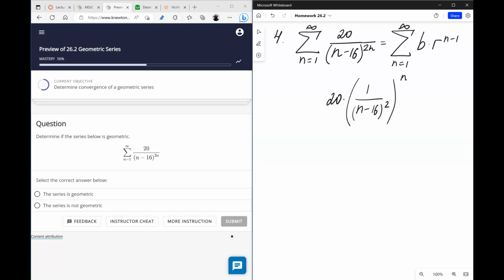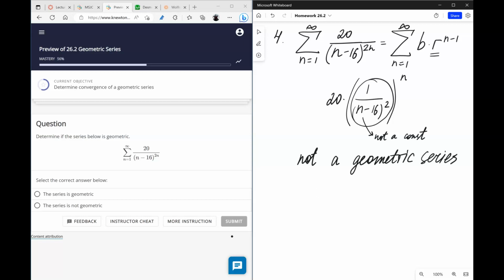So r here must be a constant, and it seems like we cannot make it a constant. It always depends on n. Because of this, I would conclude that this is not a geometric series.